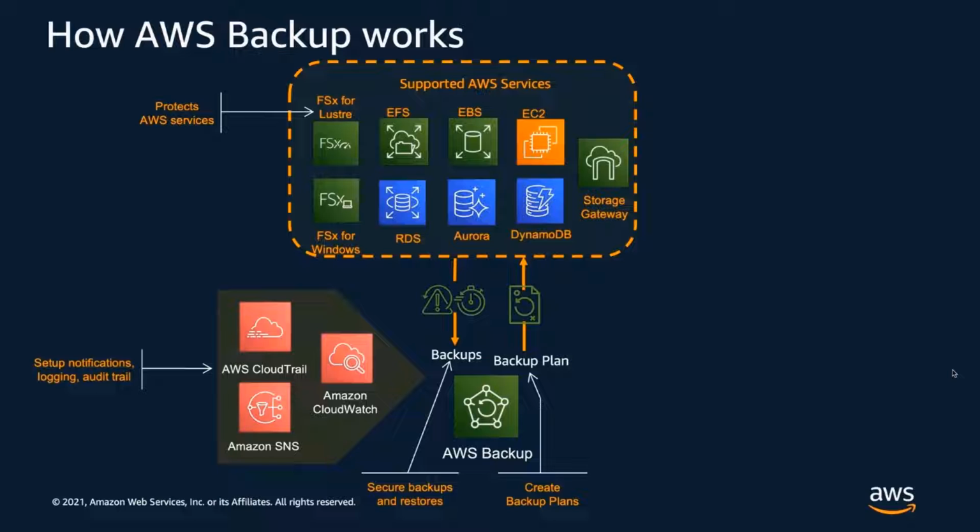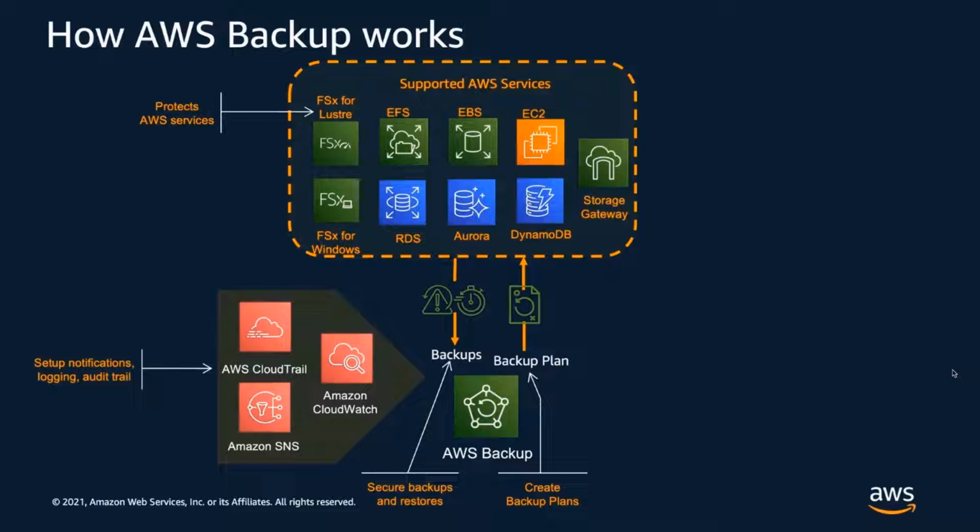To take a backup of such an application, you can just tag your resources with a key value pair and then mention that key value pair as a resource assignment method for your backup plan. What AWS Backup would do is automatically take backups of resources tagged with that specific key value pair across all your resource types in an application and then store them.